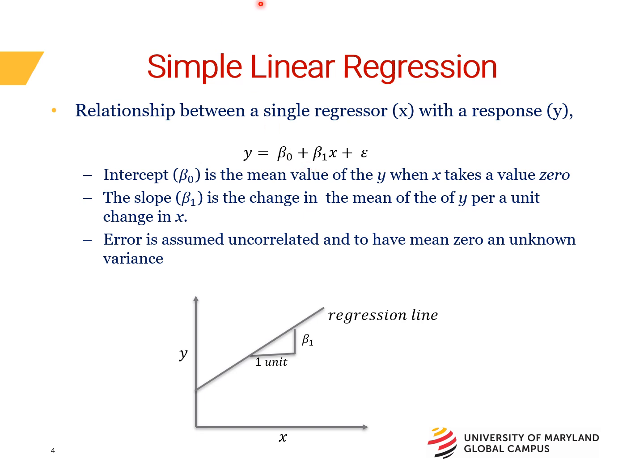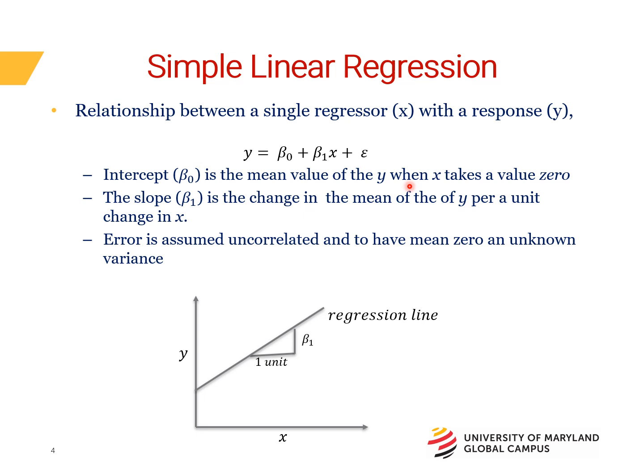So an important assumption in linear regression in general is that the error is uncorrelated and has mean 0, which means there is no systematic bias in one direction or the other. And then we have an unknown constant variance.